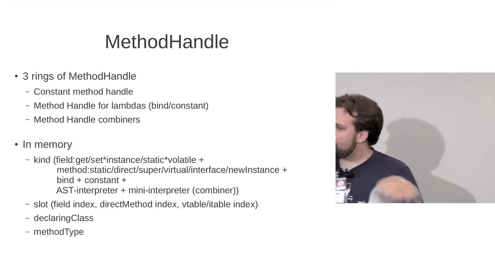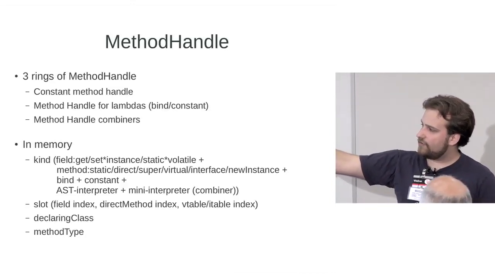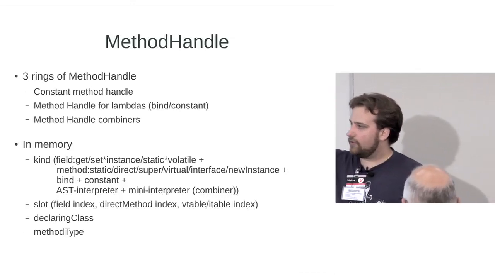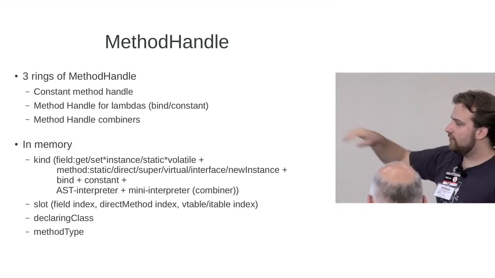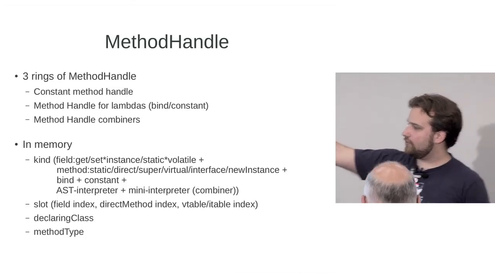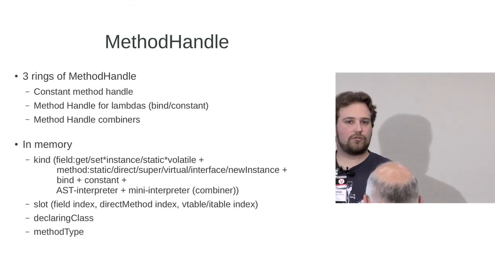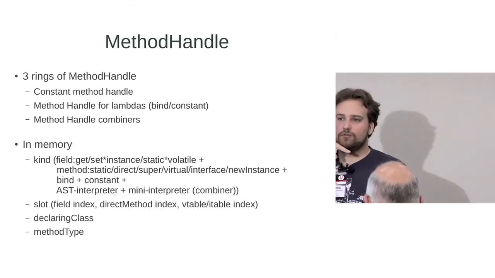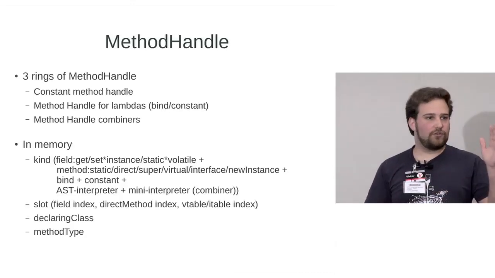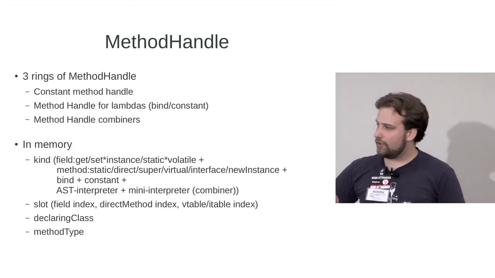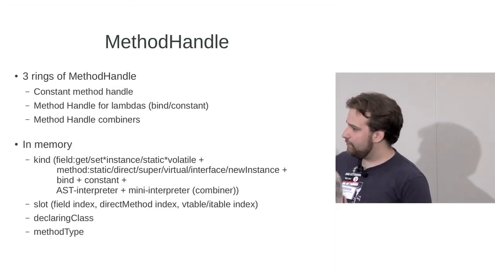In the VM, a MethodHandle has a kind: a kind for field accessor, method invocation, bind constant, and we have two kinds to call a specific interpreter to interpret a MethodHandle tree. We will see that with Rémi after.